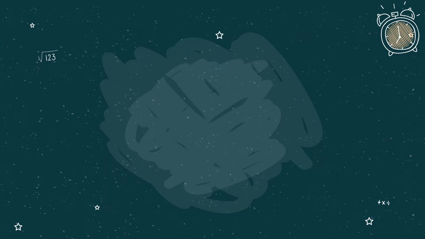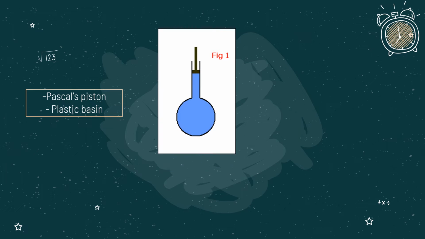But before that, let me do some activities. First, we must have Pascal pistons and a plastic basin. The materials are like you see in this picture. Interesting, right? Okay. First, fill the plastic basin with tap water until almost full.